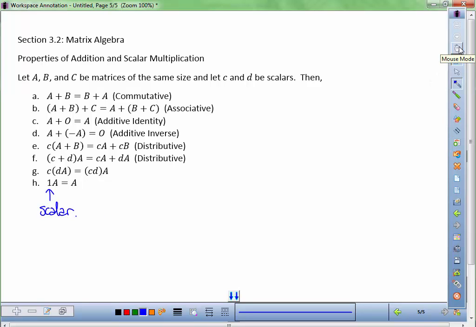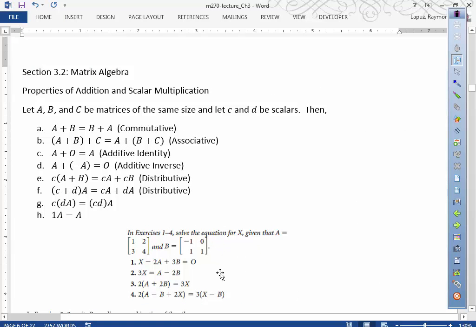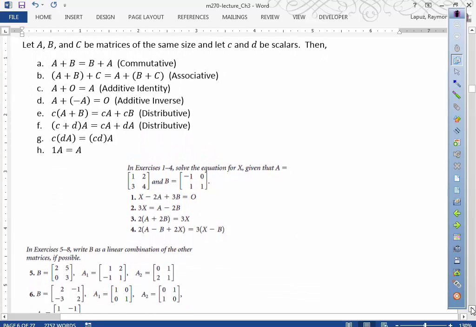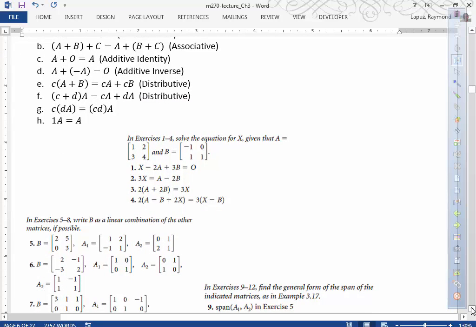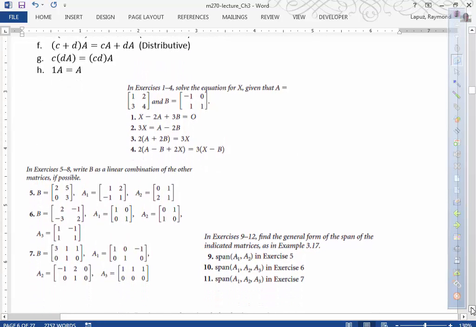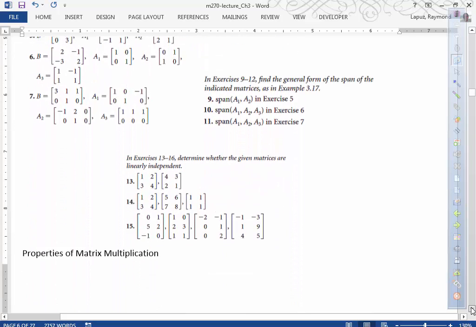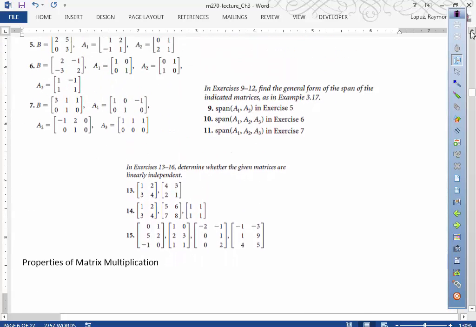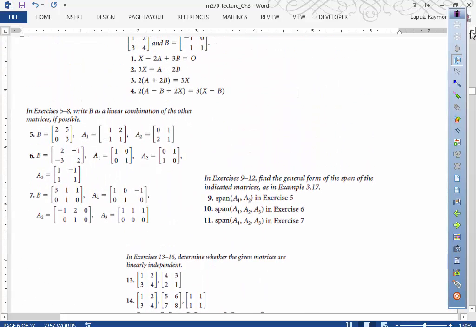I have some sample problems here. I don't know what they are. Let me take a look. Oh, they just want you to do the algebra. There's some linear combination business. Linear combination kind of involves those properties.